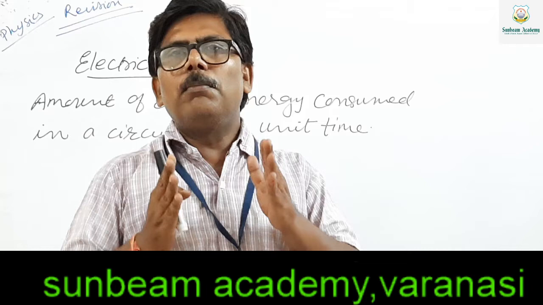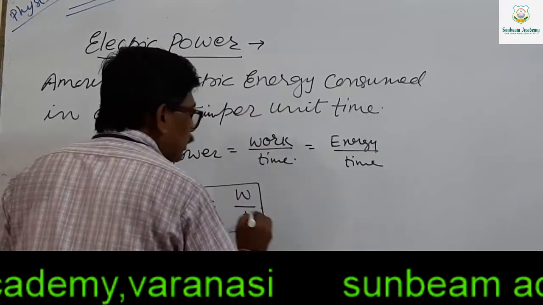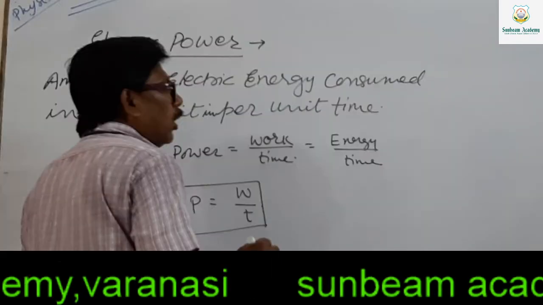You can write power is equal to work upon time, or electrical energy upon time. Means power is equal to W upon T. Now children, just now you have studied about electric potential.